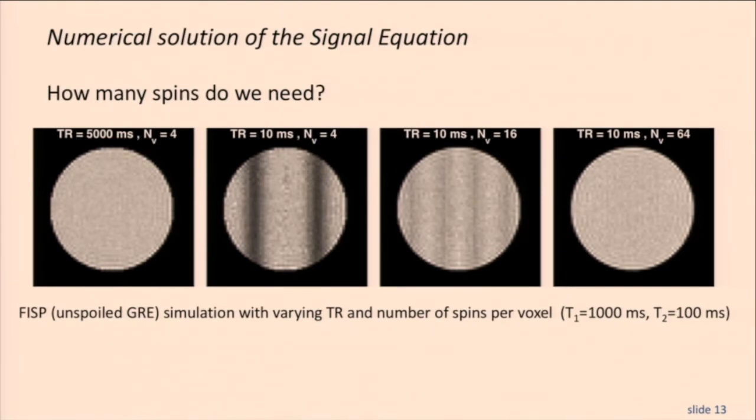If we now decrease the TR below the T2 of that sample, which is 100 milliseconds, we get artifacts. And these artifacts are completely artificial, so you wouldn't see them in real life. If you increase the number of spins in the simulation, they get weaker, and finally they are gone.